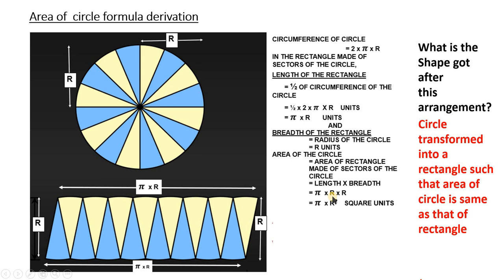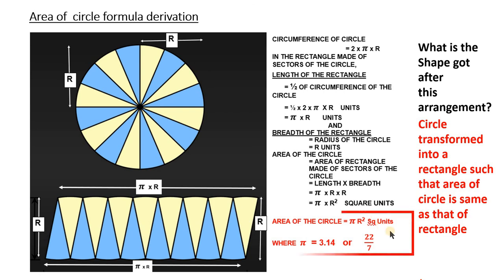Length is pi times r and breadth is r. Therefore pi r into r is equal to pi r square, square units. So pi r square is the area of the circle, where pi equals 3.14 or 22 by 7. This completes the derivation of the formula for the area of a circle.